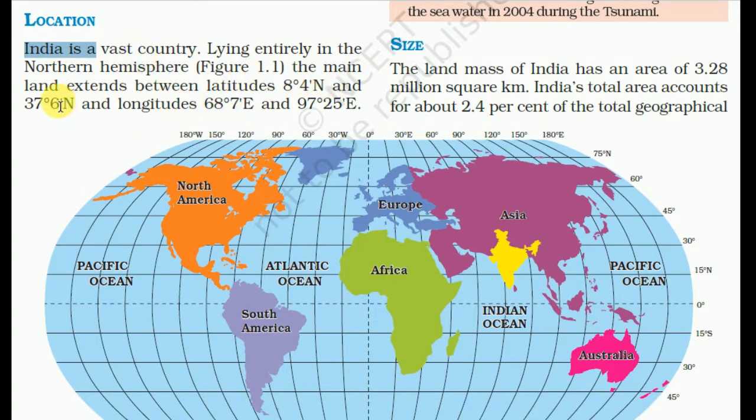The mainland extends between the latitudes of 8 degree 4 minute north and 37 degree 6 minute north. So here it is about 8 degree and here is 37 degree. And the longitudes are 68 degree east, here is 68 degree, and here is 97.25 east.